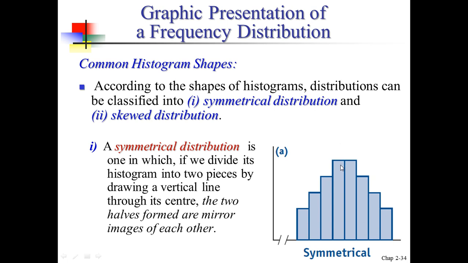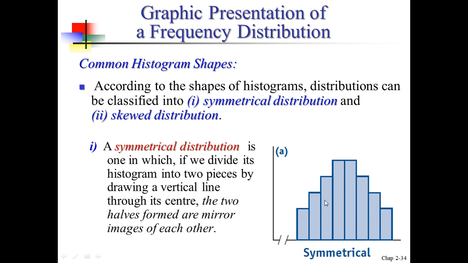Because when we draw a vertical line, it is like a mirror split. We divided this histogram into two parts, the left part and the right part. The left part and the right part, compared with the center, are the same shape or the same size. That's why it is a mirror image.